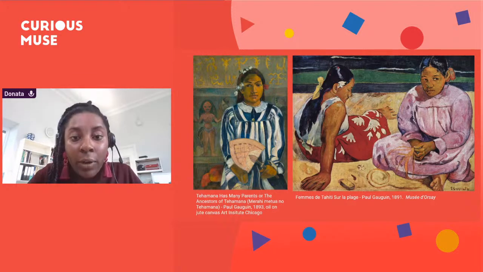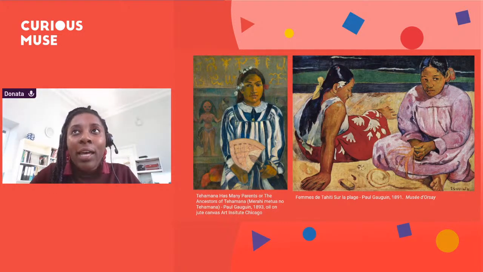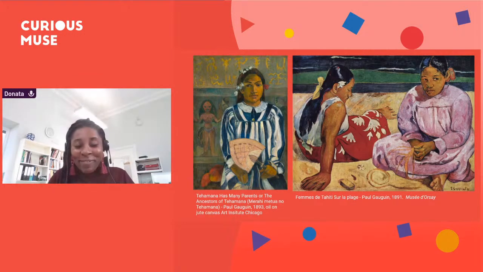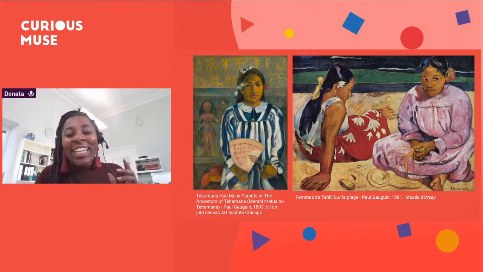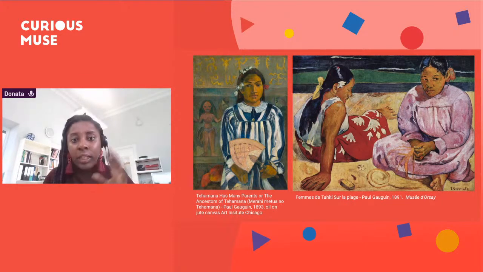And then also in the background is an Easter Island script. So it has nothing to do with Tahiti or Tehamana, but it's the word that's used within art terms, primitivism. And there's also mention of primitive art when it comes to African and Oceanian art.